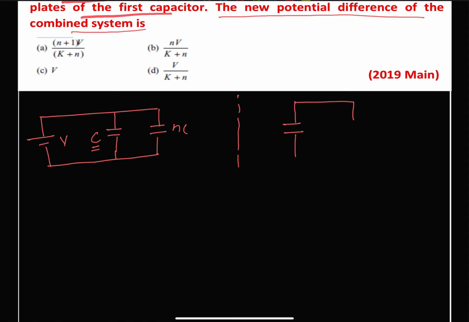and so the circuit will be coming something like this. Here dielectric is inserted and the second one is without dielectric.